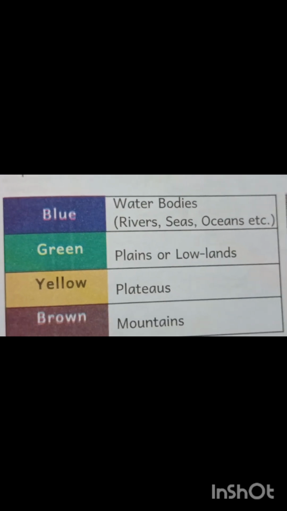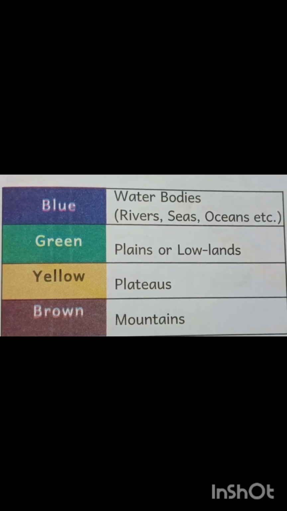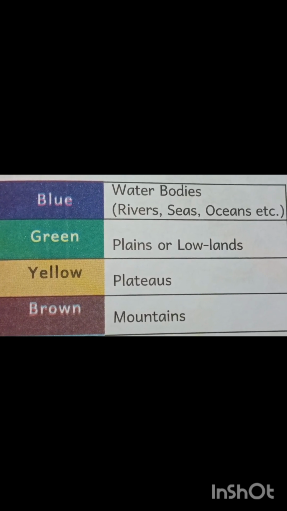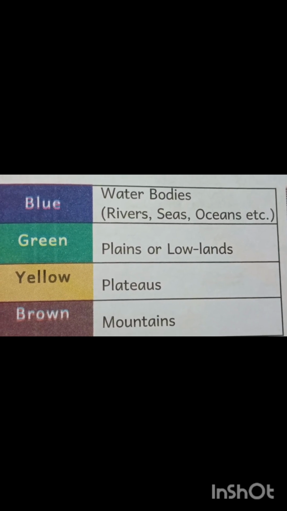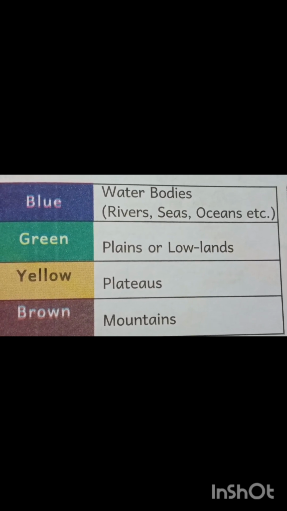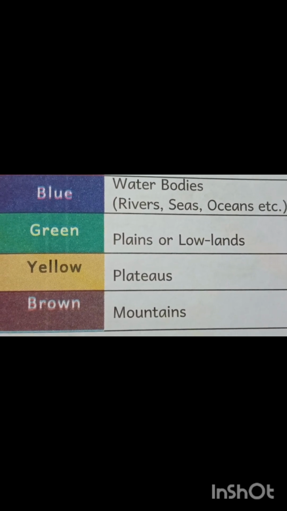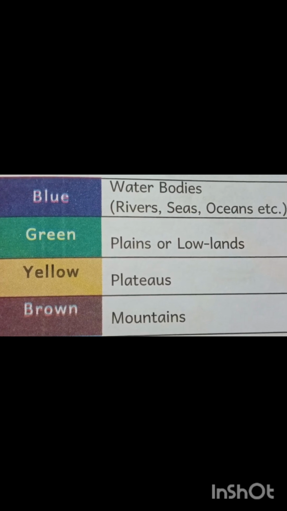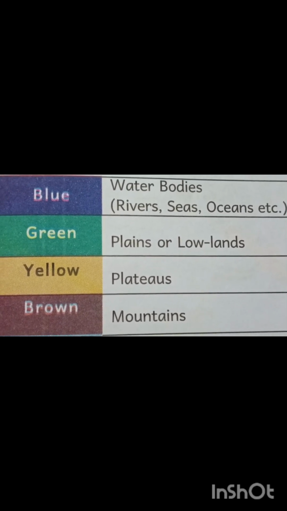Here, the major colors, if we observe: blue color indicates water bodies, rivers, seas, oceans, ponds, streams, wells, etc. Green color indicates plains, lowlands or grasslands.